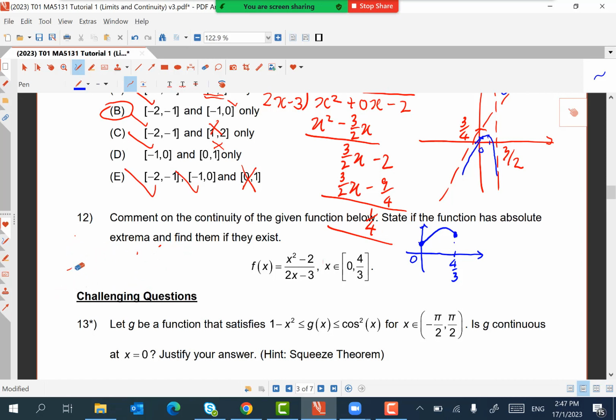Now we say, function f is continuous on this interval.